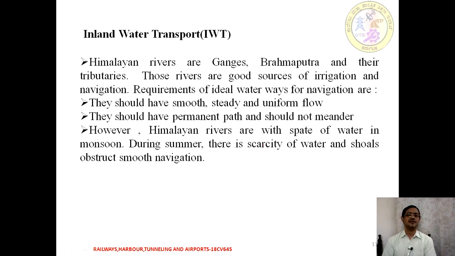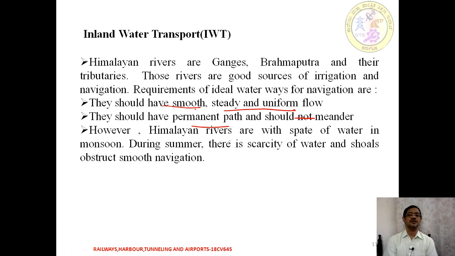As far as the requirements for an ideal waterway with respect to navigation are concerned, it should have a smooth, steady and uniform flow of water. There should be a permanent path, so no meandering should happen.